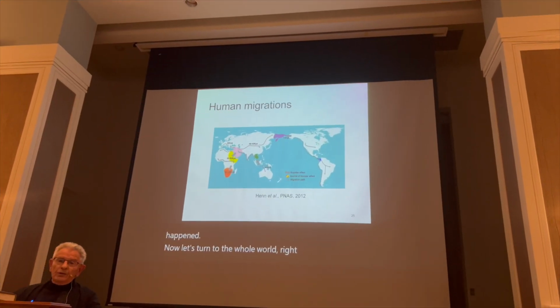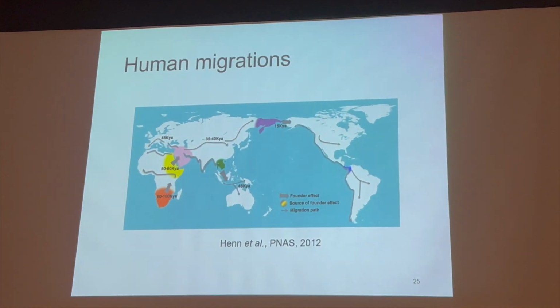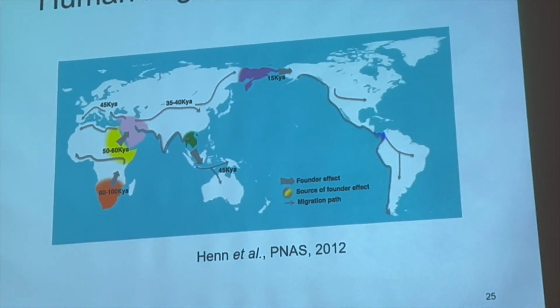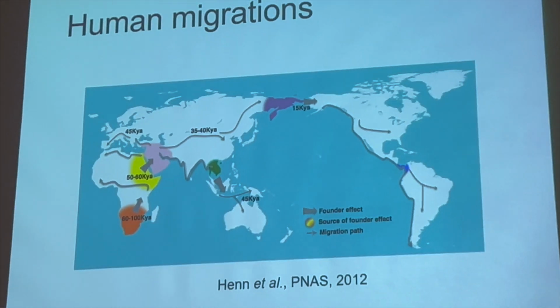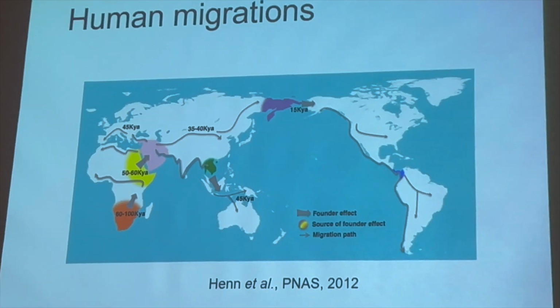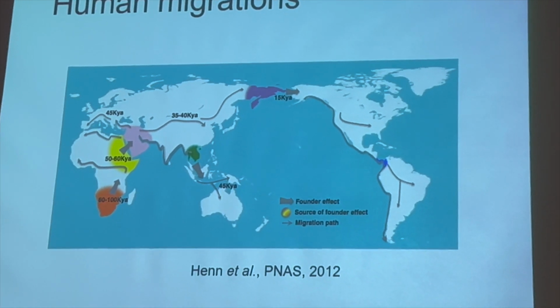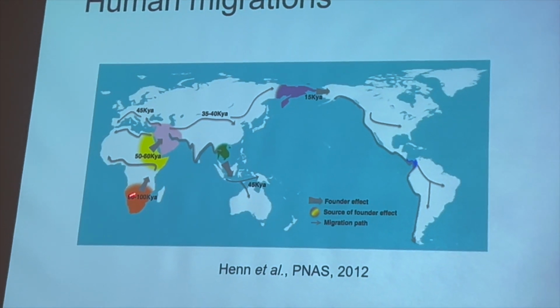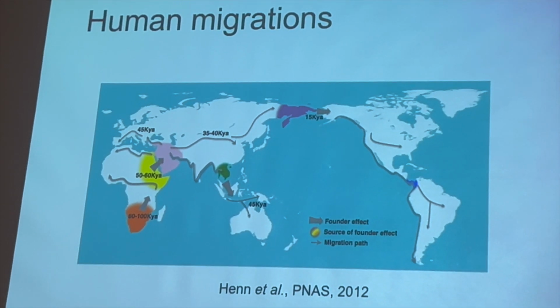This is a map that Cavalli and I made of what we call the Great Migrations, how we got to where we are today on a worldwide basis. About 60 to 100,000 years ago, and possibly even 120,000.